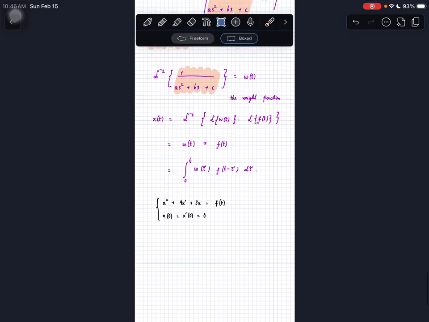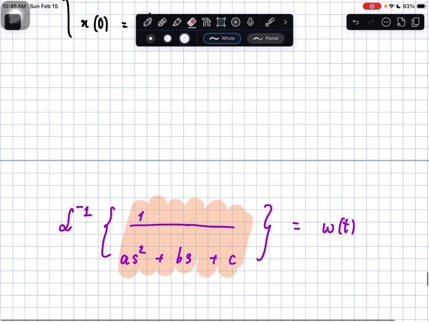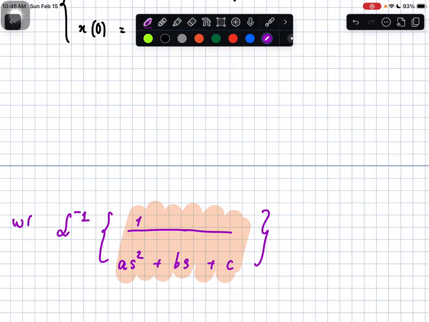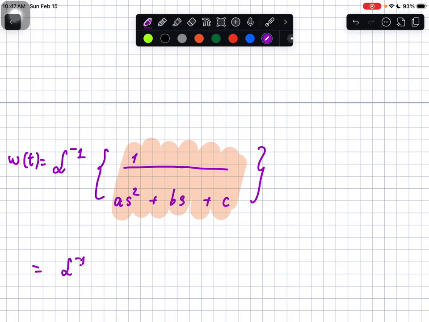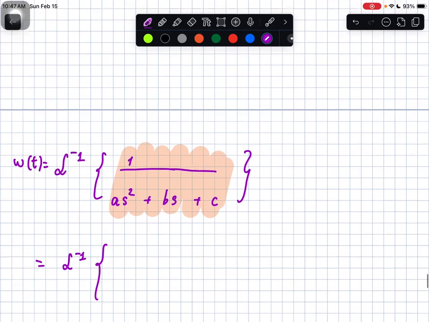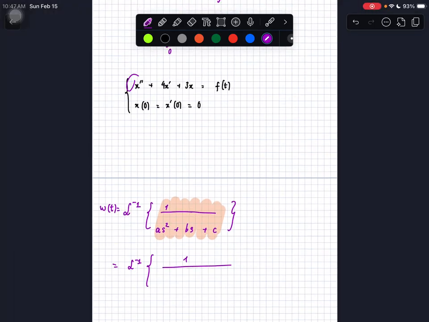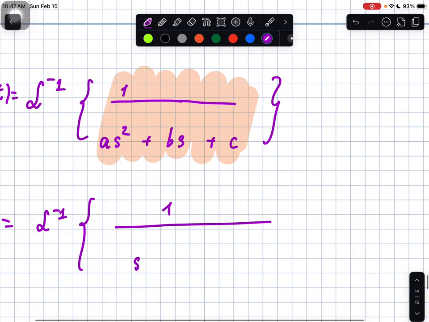The weight function omega t is equal to the inverse transform of 1 over a s squared plus b s plus c, in this case a, b, c are 1, 4, 3, so 1 over 1 times s squared, plus 4 times s, plus 3.